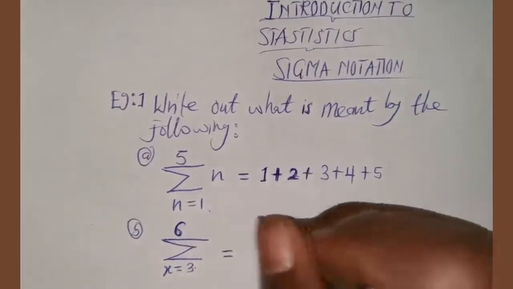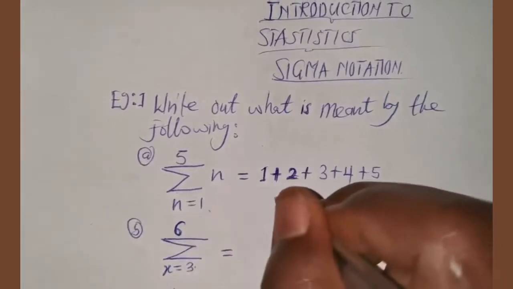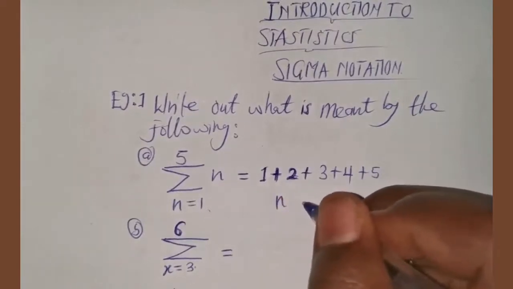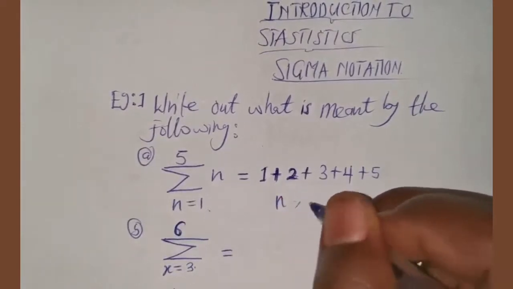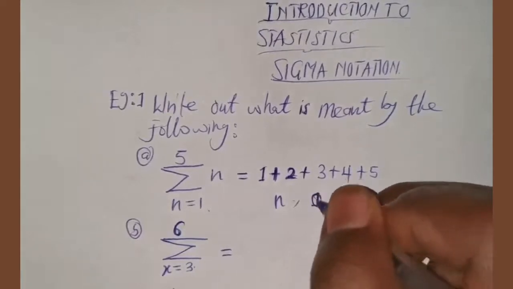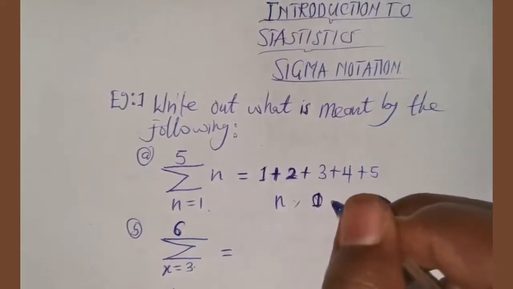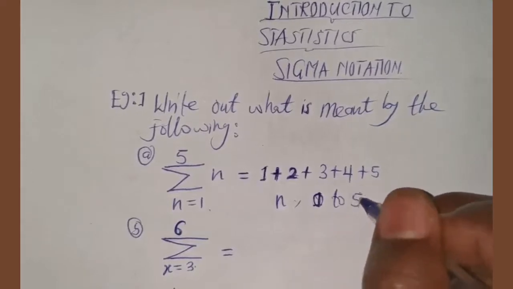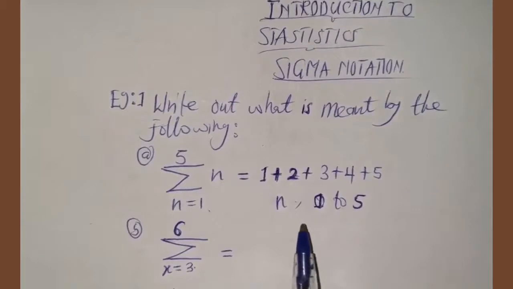So you can say that the N here ranges from 1 to 5.